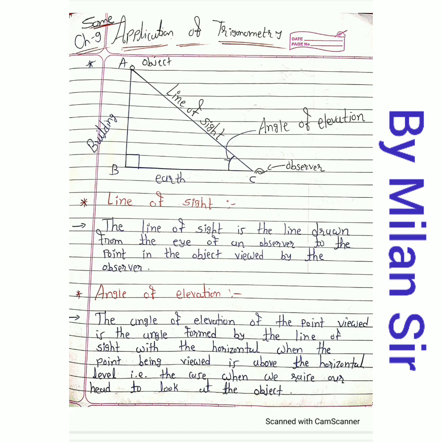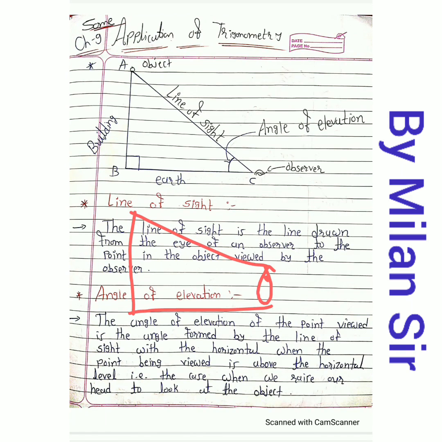Now sometimes the observer is one person, right? So if one person is there, at that time the person has their own height. We consider the eye of the observer at a height which is equal to the height of the person. So if the height of the person is given, we consider it.